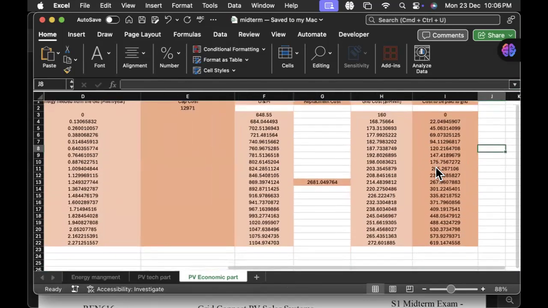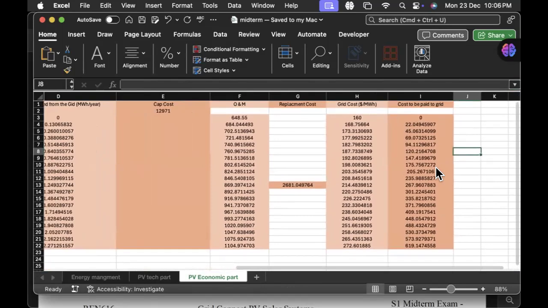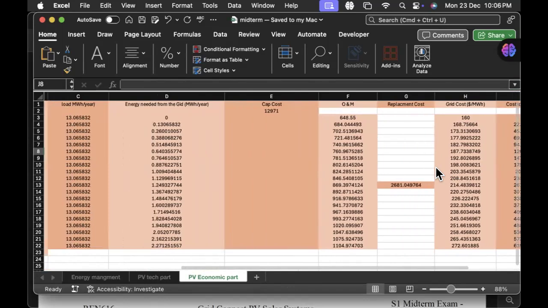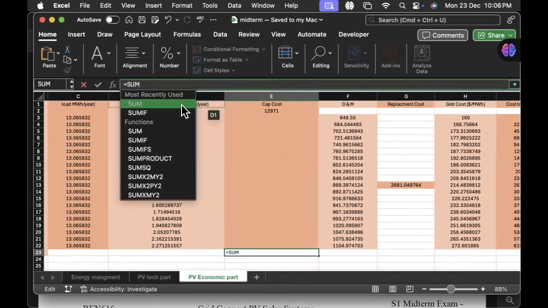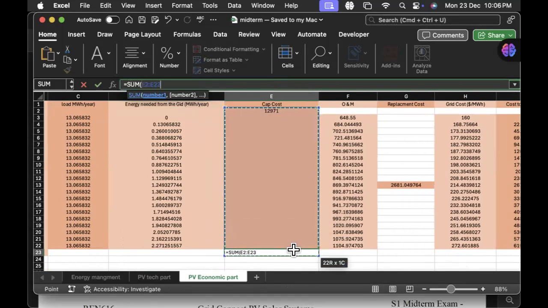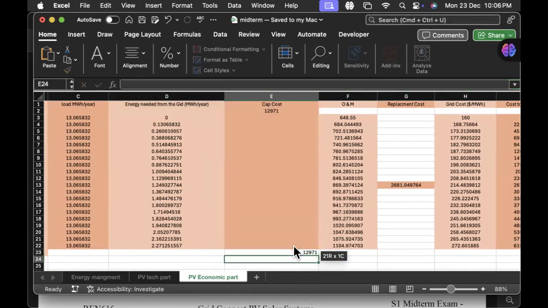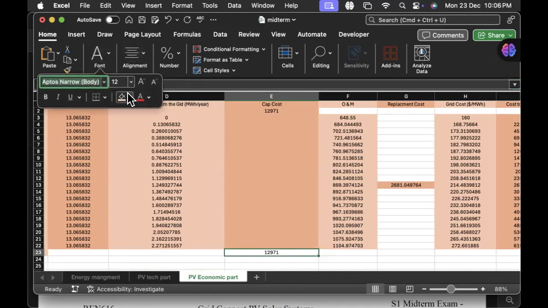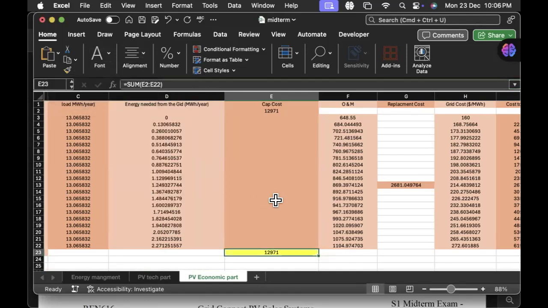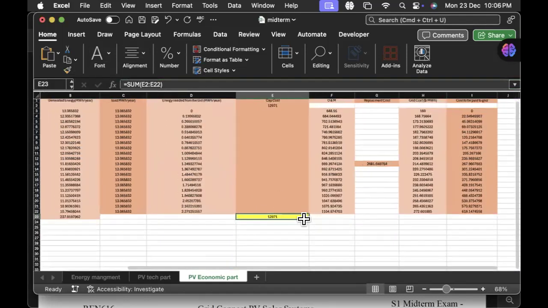Now we have calculated all the portions of the total cost. So the total cost of the system is simply, we can start from here to make a sum. And let's make it like that. And now let's use a yellow color. This is an important number.